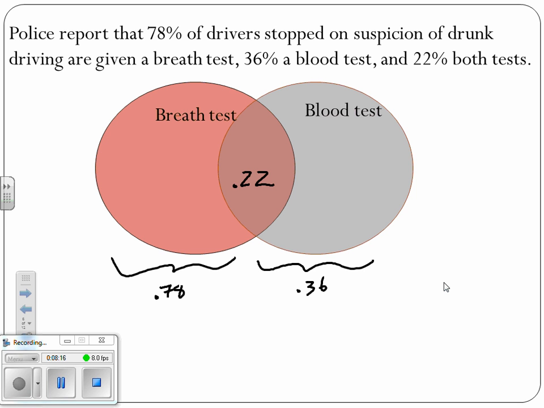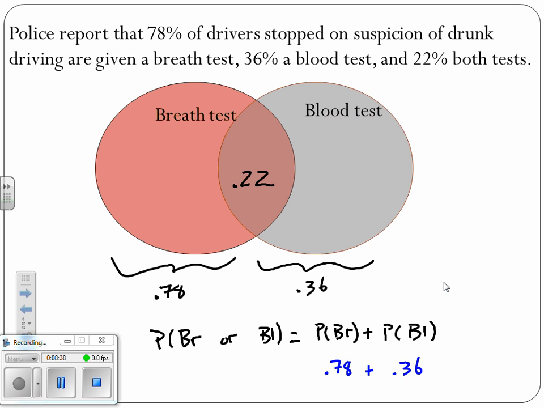So what we can do with that overlap, if we wanted to figure out the probability that you're given a breath or a blood test, well, if we just did probability of breath plus the probability of blood test, this would cause a problem because 0.78 plus 0.36 is over 1. Well, the issue there is some people are given both.